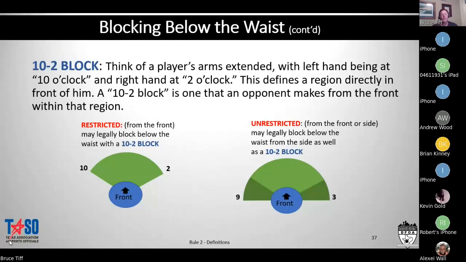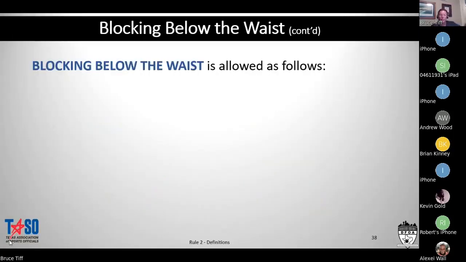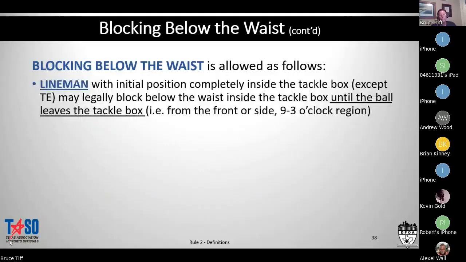Blocking below the waist is allowed as follows. For linemen, remember that definition of linemen we talked about, with their initial position completely inside the tackle box. And we talked about the tackle box. There's another definition. You can see that's why it's important to understand these definitions.